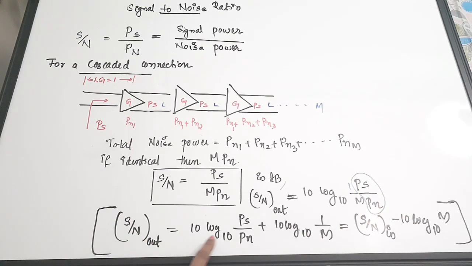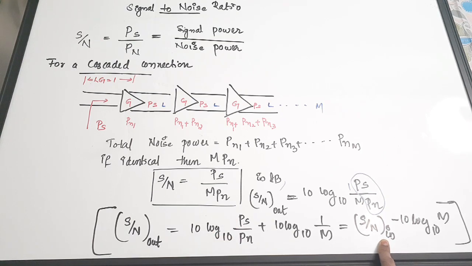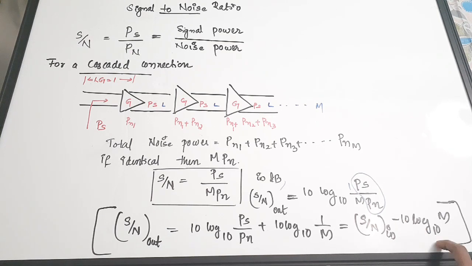Now this 10 log 10 PS by PN we are going to take as the signal to noise ratio of the input side. So signal to noise ratio of output we can write as signal to noise ratio of input minus 10 log 10 M. Now why this minus is because there was a 1 by M. We have taken the reciprocal by taking a negative sign here. So minus 10 log 10 M.